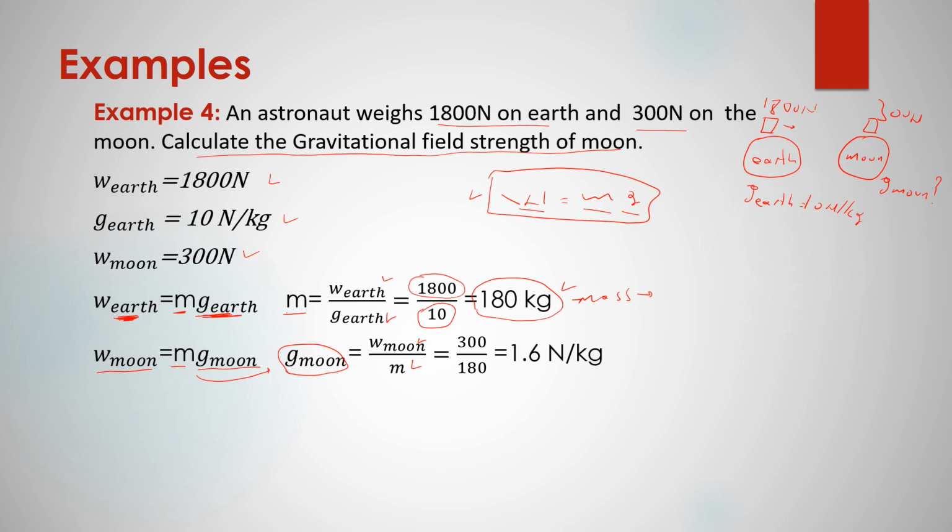The weight on the moon is already given in the question, which is 300 Newton, and the mass we have found is 180 kilogram. So 300 over 180 is equal to 1.2 Newton per kilogram. This is the gravitational field strength of the moon.